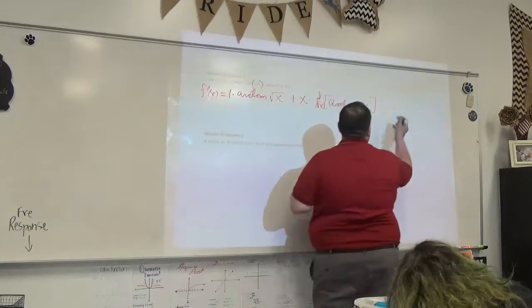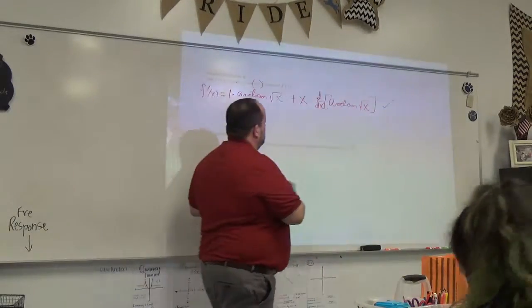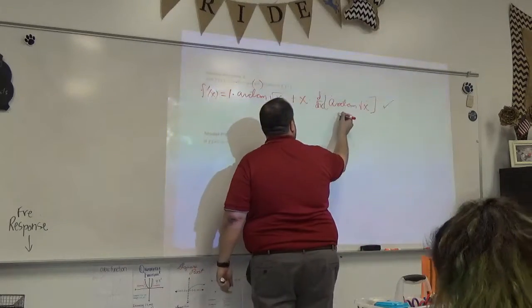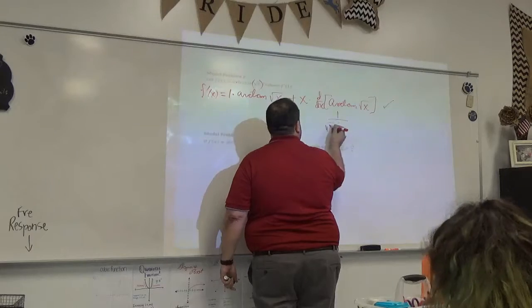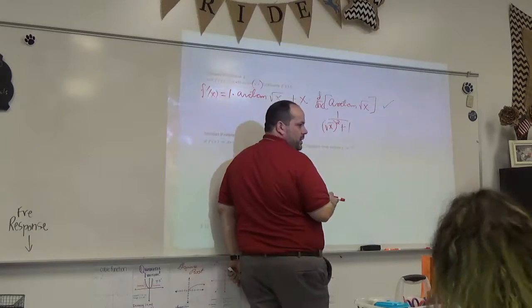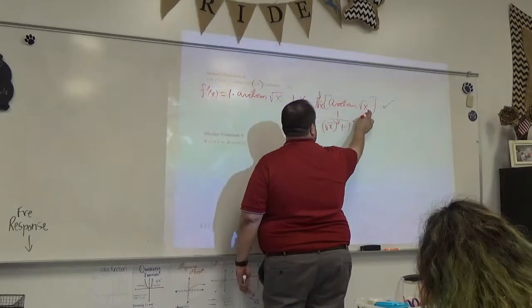If you got there, 1 point. Now the work shows up. What's the derivative of arctan of the square root of x? That's going to have to be 1 over the square root of x, the whole thing squared, plus 1. Don't stop. Times the derivative of the square root of x.